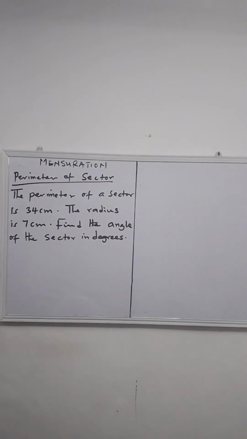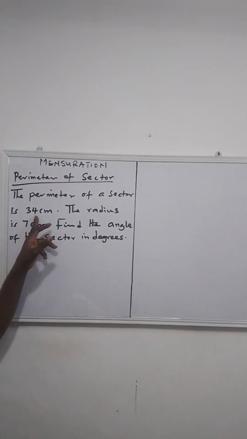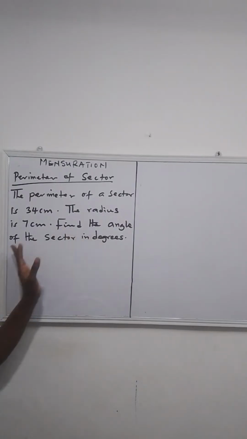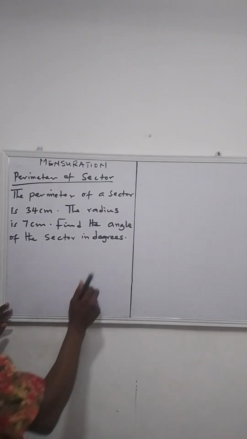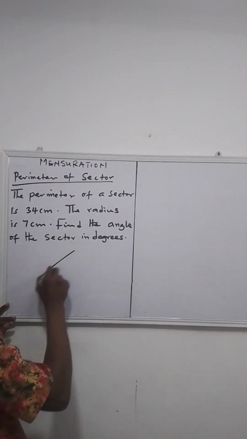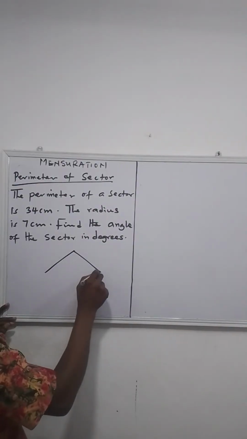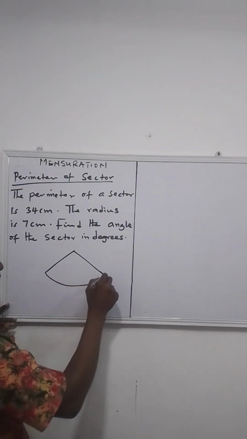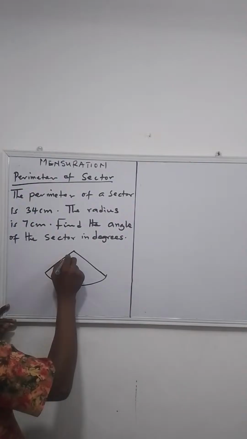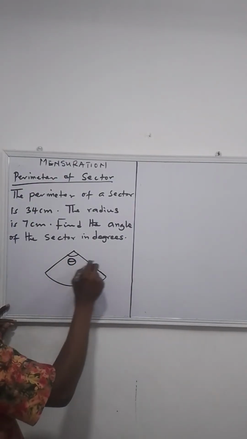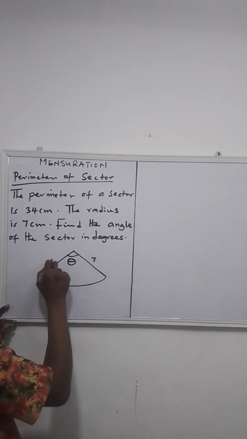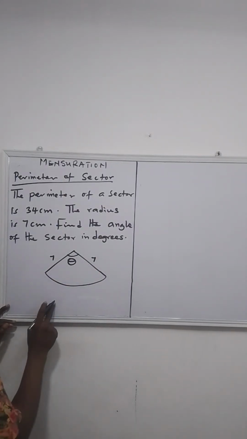The perimeter of a sector is 34 centimeters. The radius is 7 centimeters. Find the angle of the sector in degrees. Okay, so we have a sector of this form. There's an angle here subtended by this arc. The radius is 7. We have this to be 7.